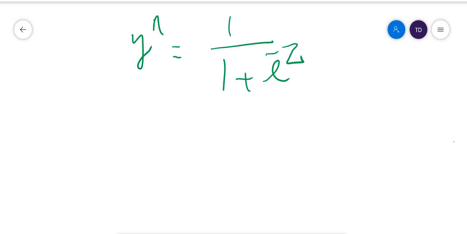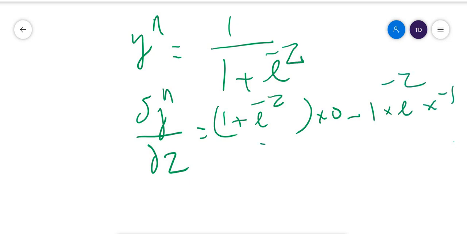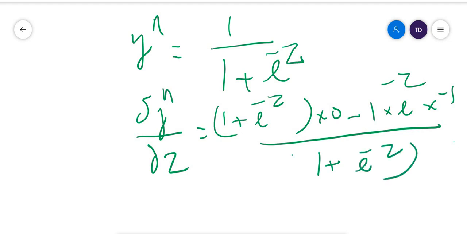Then what is ∂ŷ/∂z? You need to apply the quotient rule. So it is u by v: (1 plus e raised to minus z) into 0 minus 1 into (e raised to minus z) times minus 1, divided by (1 plus e raised to minus z) the whole square.